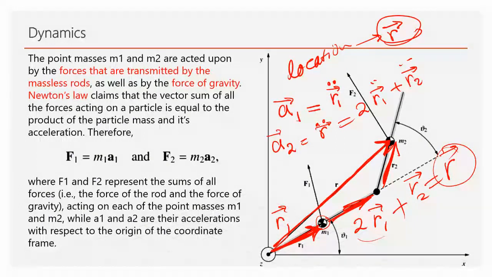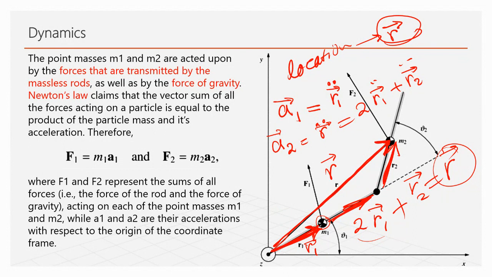I'm trying to break the problem down into simpler steps. I'm looking for acceleration to figure out forces, and for acceleration, I use the location of the mass, the second derivative of that location, and to find that location, I just look into these simple vectors. R1 shows the M1 location, and R is the location of the second mass.